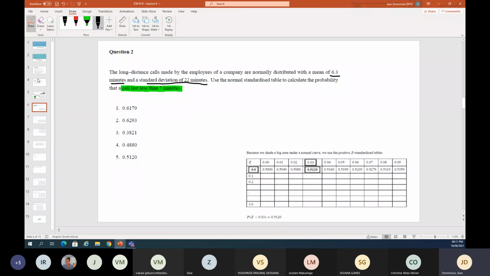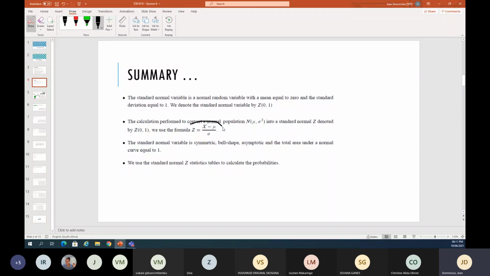So remember from the summary, we will use this formula. Only in chapter 7, I think, we start using the standard error where we have the standard deviation divided by the square root of the sample size.